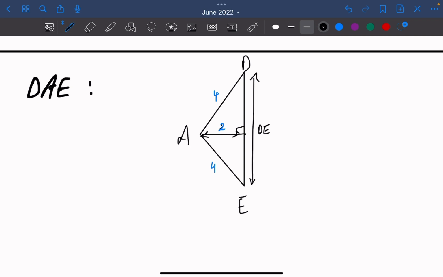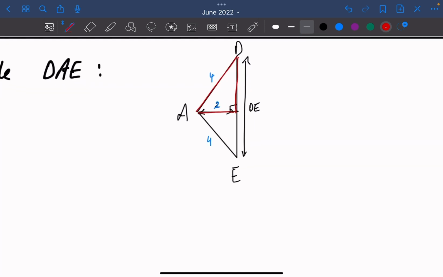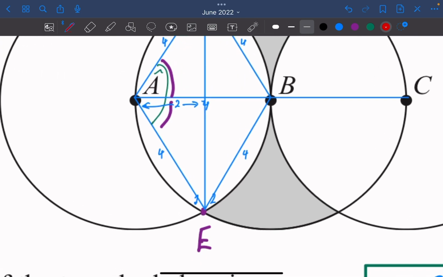Triangle there. I'm just looking at this triangle here. So okay, let's call that point F in the diagram.